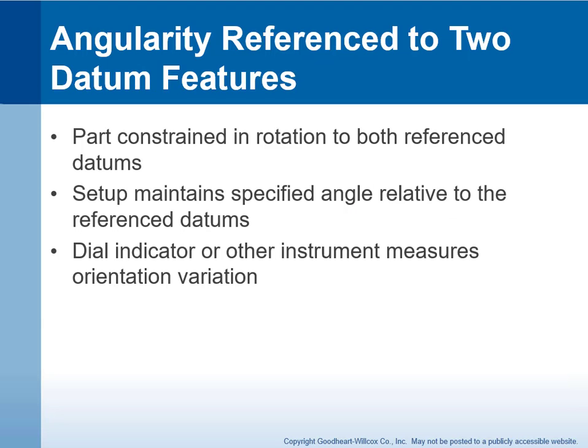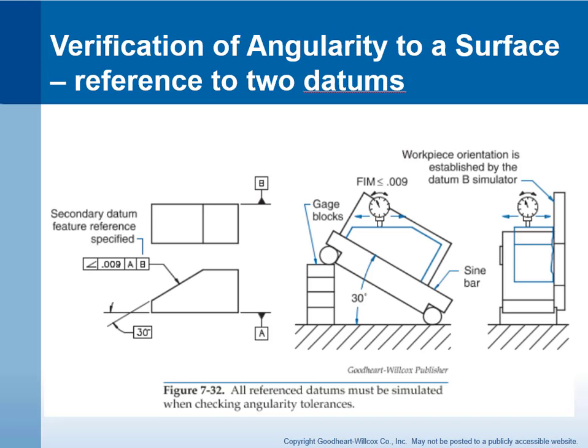Let's talk about two reference datums. The part is constrained to both reference datums. The setup maintains the specified angle relative to the reference datums, and the dial indicator measures the orientation variation. Here's a cartoon of how that's done. In this case, we have the main datum A, just like in the last example.